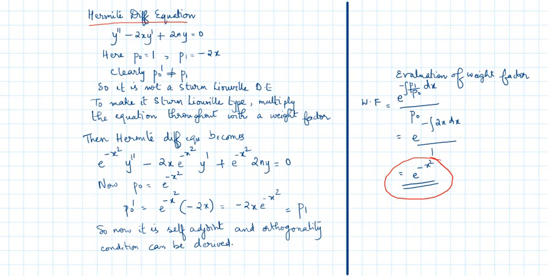So, now you multiply your Hermite differential equation with the weight factor, and this is what you get. Now here you can see for yourself that P naught prime is equal to P1. So now we have converted the Hermite differential equation to a Sturm-Liouville type problem. Now it is possible to evaluate the orthogonality relation.